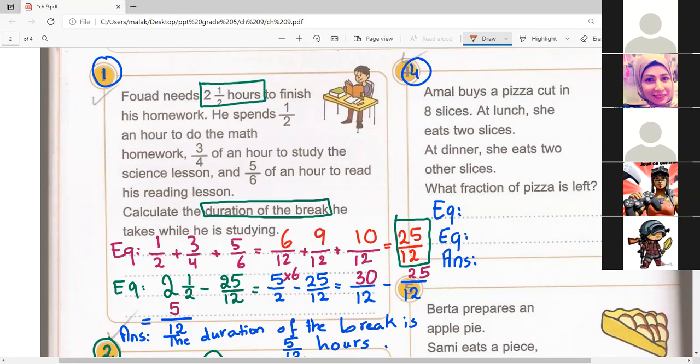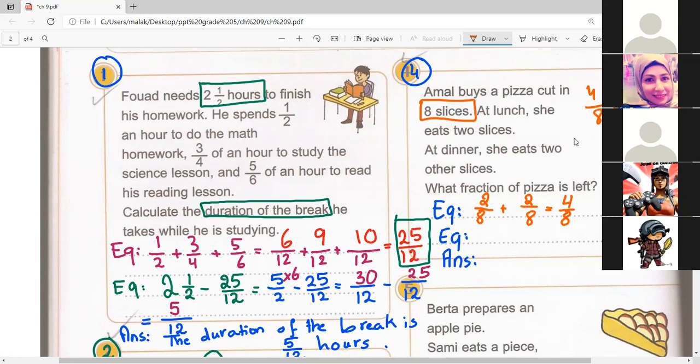So what shall I do? We add them, but we have to write them as fractions. So 2 over what? The denominator should be 8, the total is always 8. 2 over 8 plus 2 over 8, how much? 4 over 8. So she ate 4 out of 8.